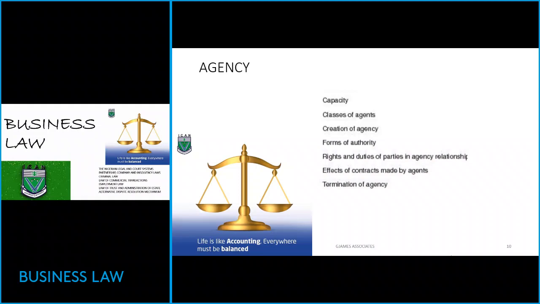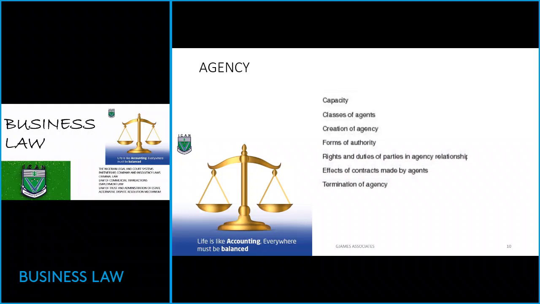guarantorship in agency, trust, bailment, the master-servant relationship. You must understand very well classes of agents that we could have or fall into, the factor, the broker, auctioneer, del credere agent.